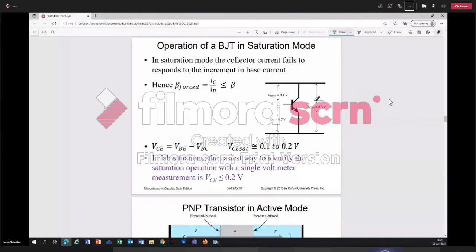This is the boundary of the active region. If that reduces to 0.2, you are certainly in saturation. 0.1 is very much deep into saturation. And that is how, once we reach the saturation level, we are working with beta forced.